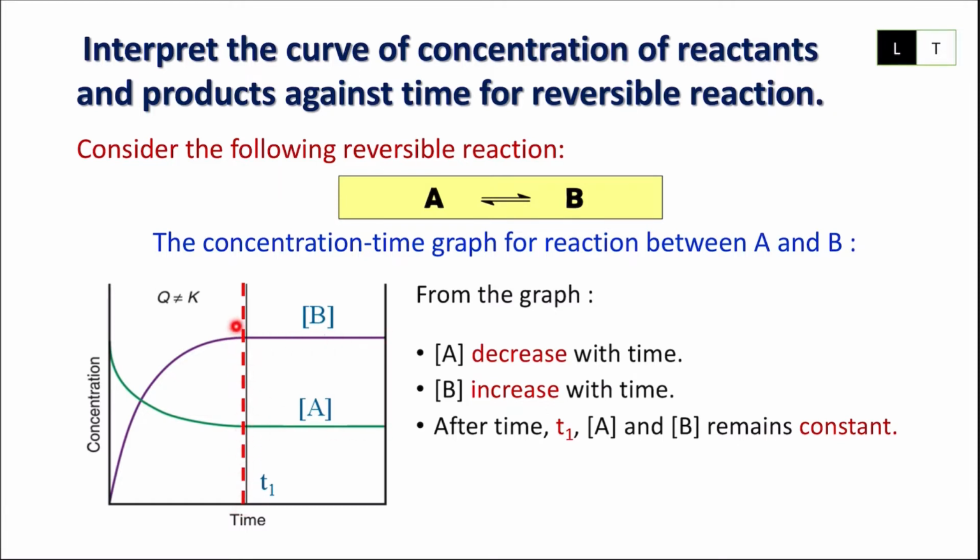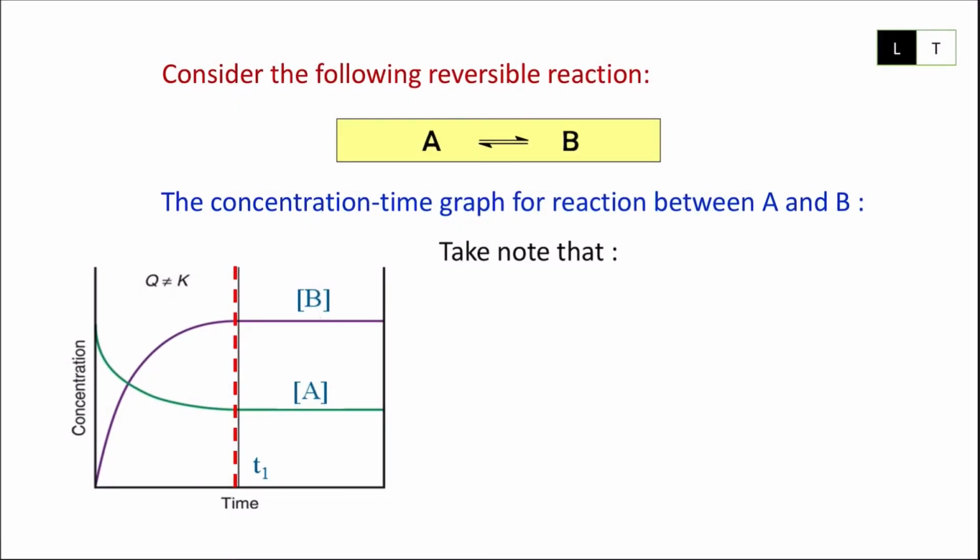So, A dengan B horizontal line sebab tu dia constant. Di sini, maksudnya kita illustrate di mana the system is in the state of equilibrium. Kedua-dua concentration for both reactant and product sudah achieve equilibrium. Kita akan continue from there as the reaction proceeds.